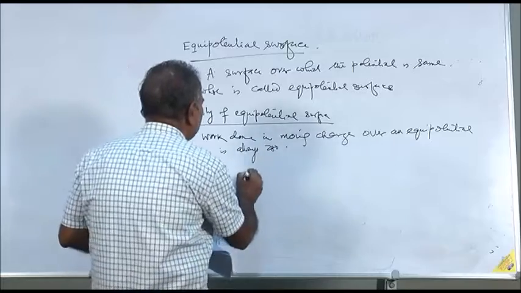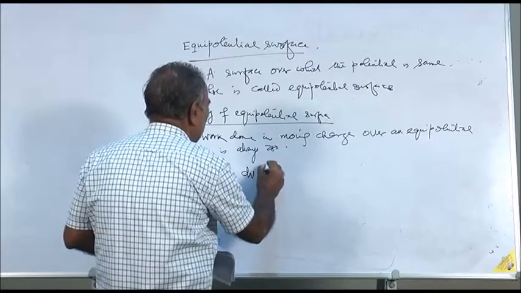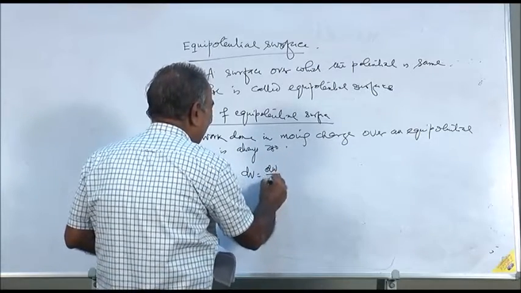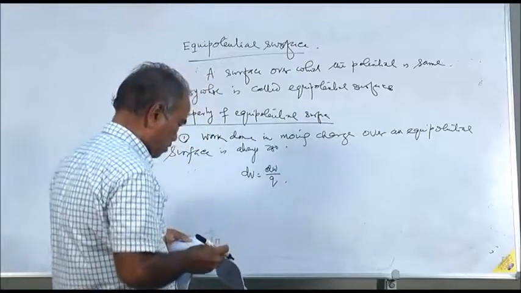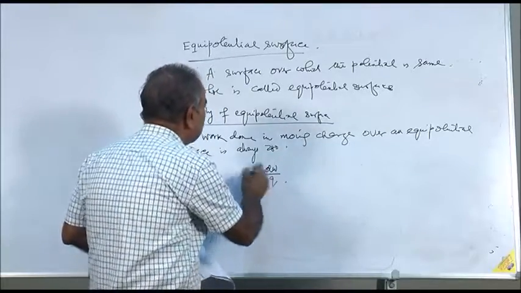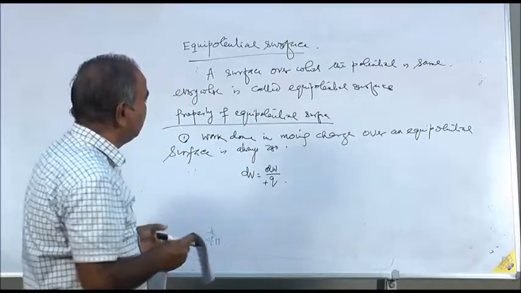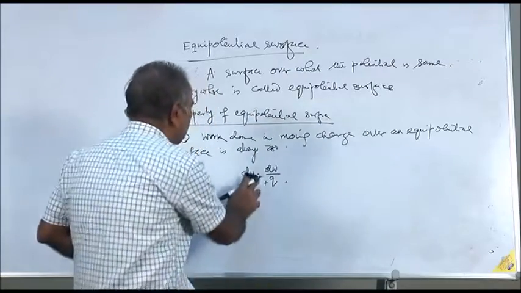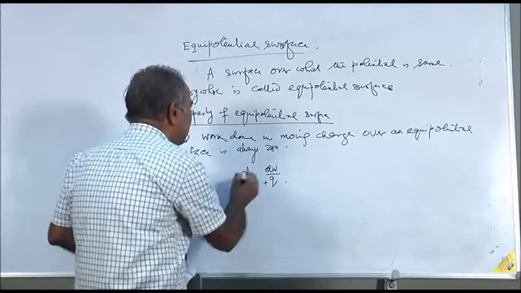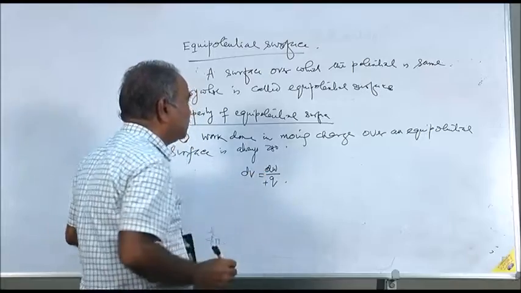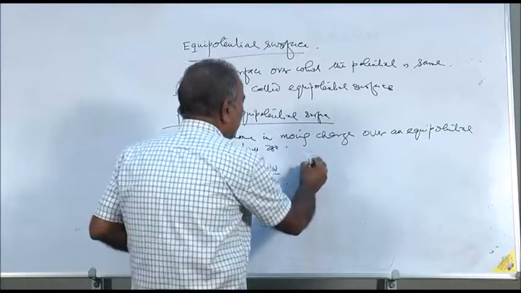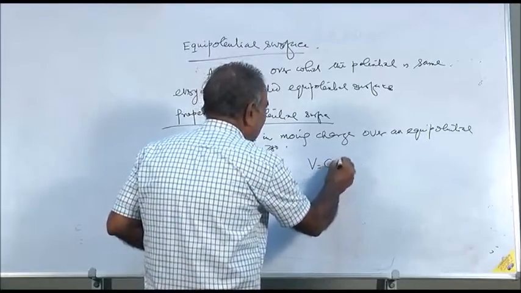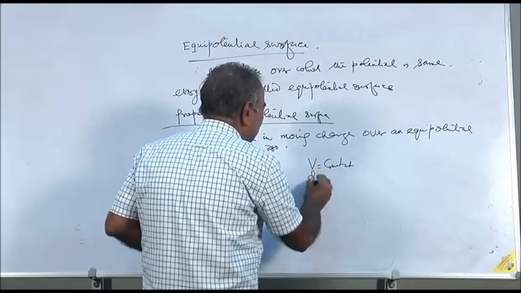You know that dV is equal to dW by Q. Since on the equipotential surface potential is constant, the same everywhere, dV is equal to 0.